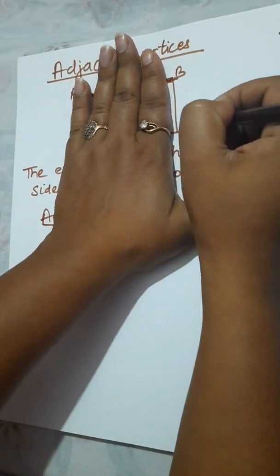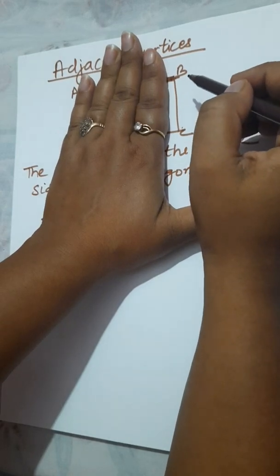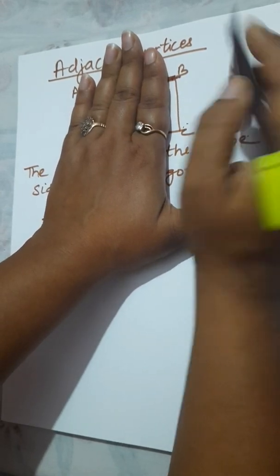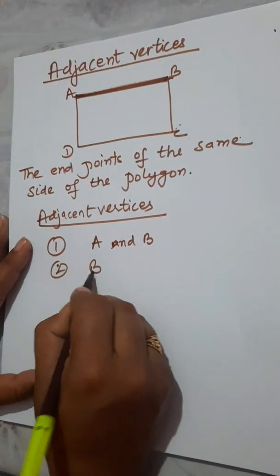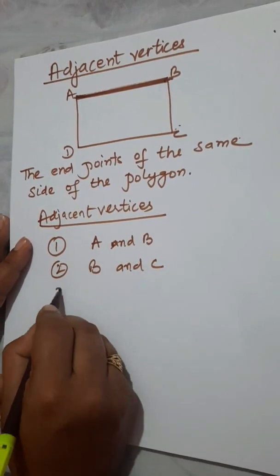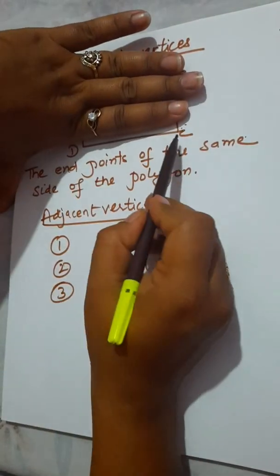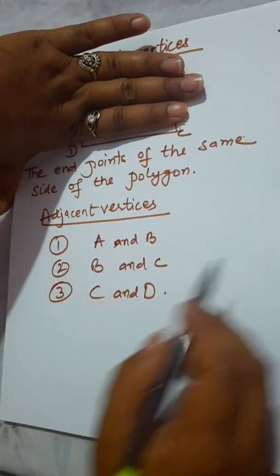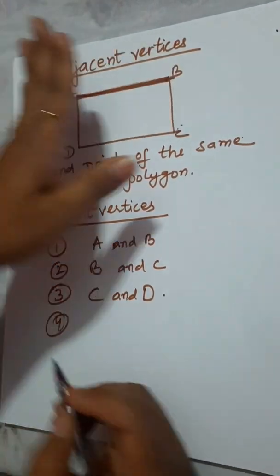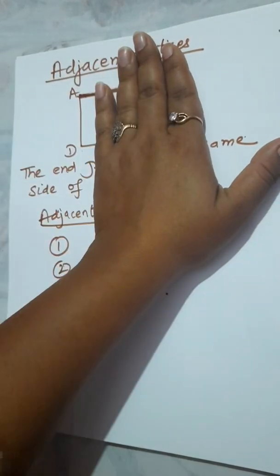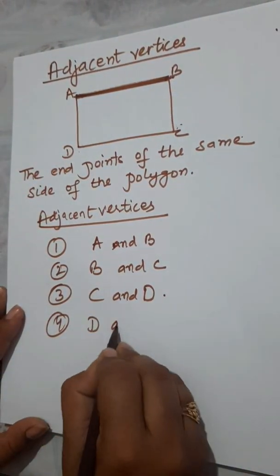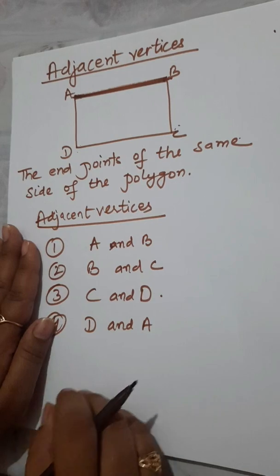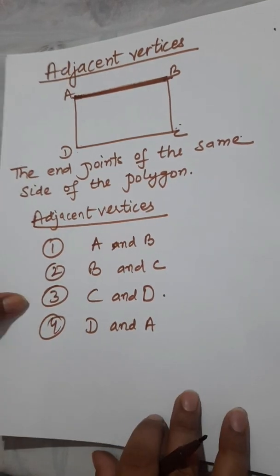Next we have BC, and here the adjacent vertices are B and C. So second pair is B and C. Third is C and D on the same side, and the fourth is D and A. So these are the adjacent vertices.